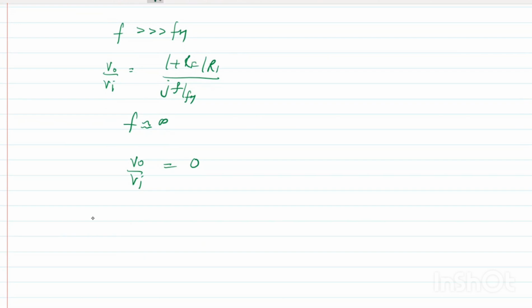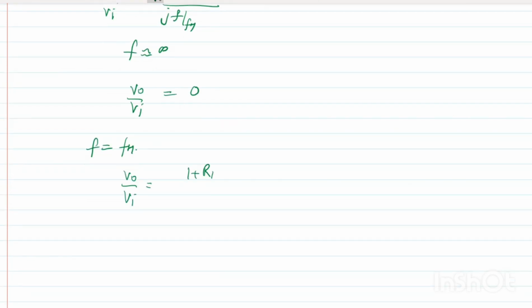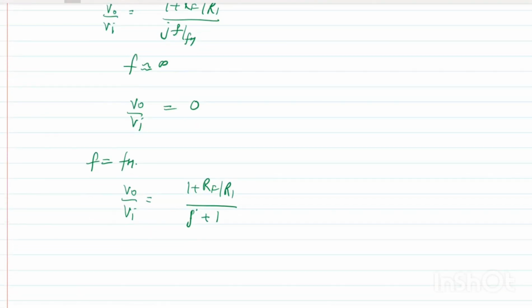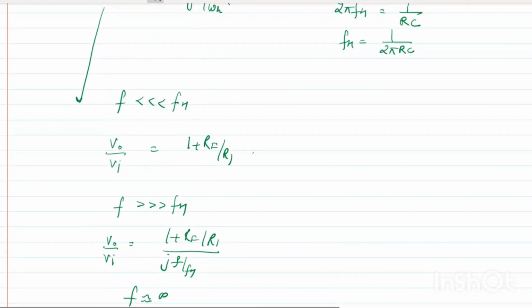Now, I'll take as when f equals to fh. V naught by Vi equals to 1 plus Rf upon R1 upon, f is equals to fh, so it will become 1 plus j. So if I find VO by Vi magnitude, what will be the magnitude? Tell me what is the magnitude of 1 plus j? It is just root 2. So I told you the gain, यहाँ पे gain क्या है 0 पे, जब starting gain is 1 plus Rf by R1.